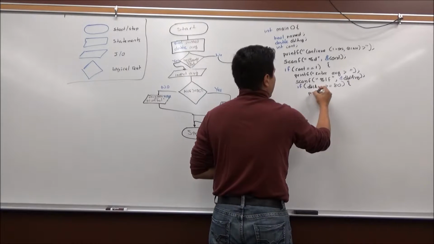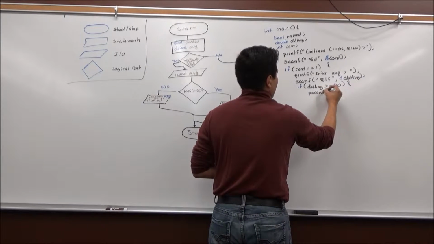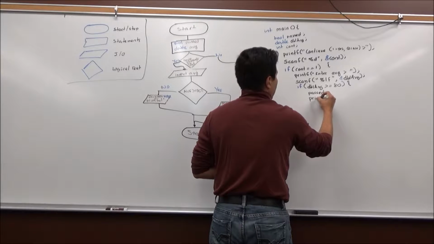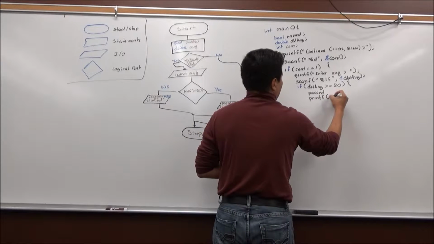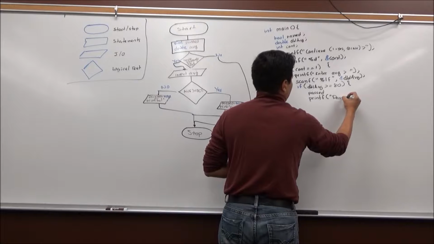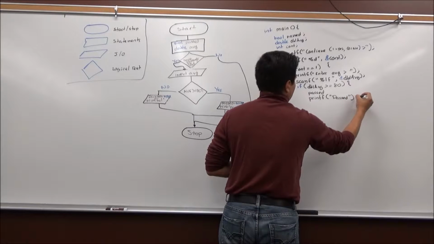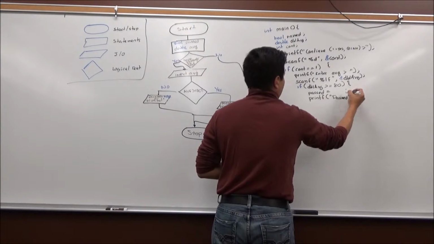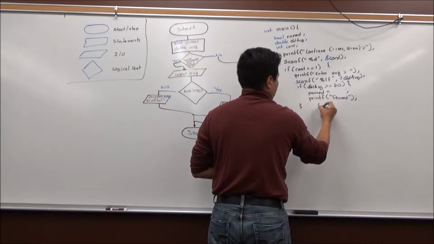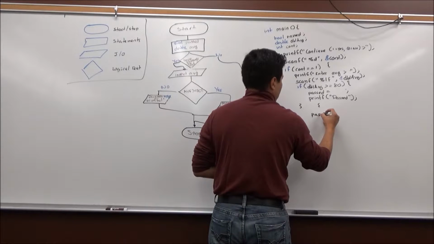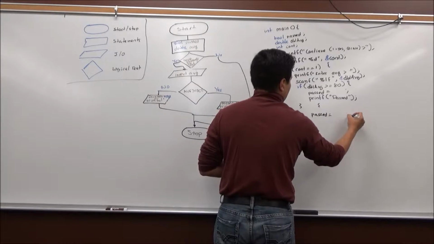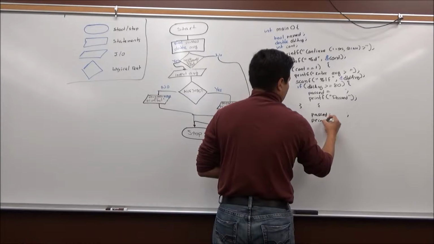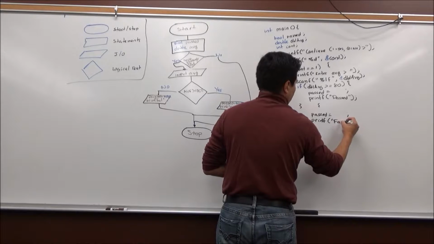So then pass is true, and you can display, otherwise pass is false and failed.